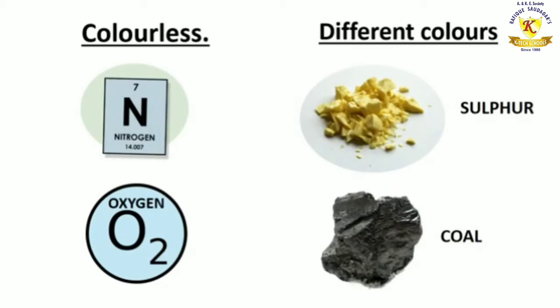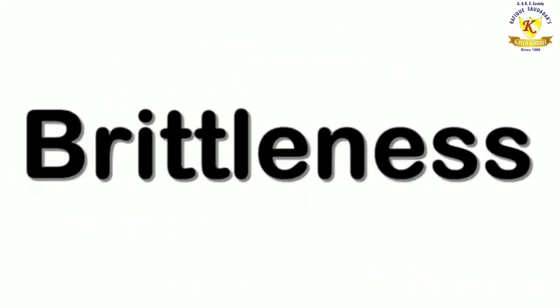We also have other examples of different colors like bromine. It is brown in color. Understood, children?